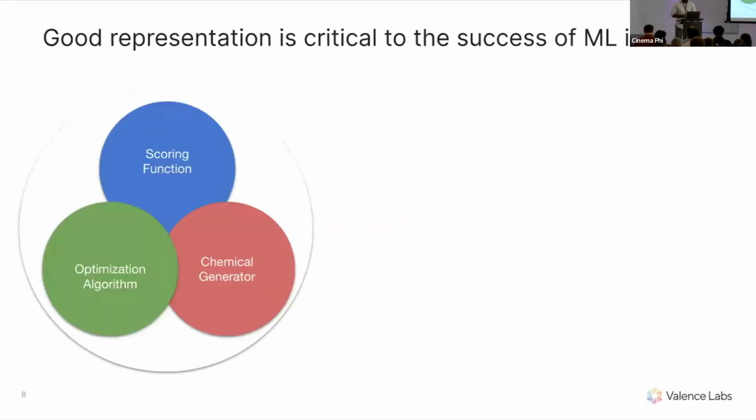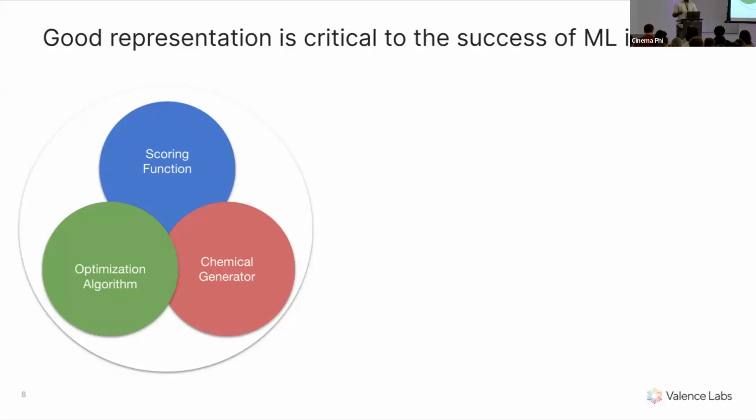Okay, so let's start with something critical when it comes to machine learning for drug discovery, which is the representation. There are a lot of tasks that we need to do in machine learning for drug discovery. First, we need to build a model to be able to score compounds. We need to be able to generate new compounds, which allows us to move away from known compounds.